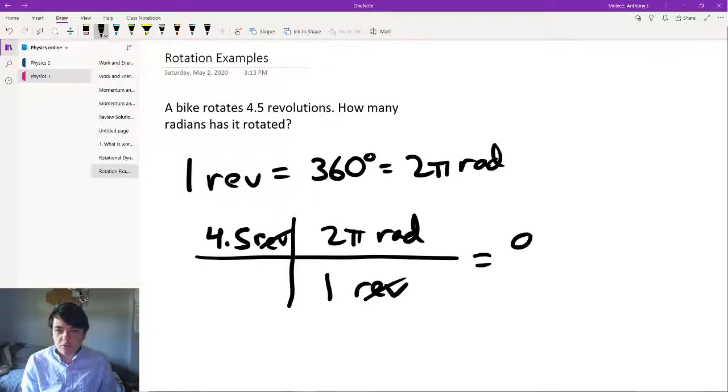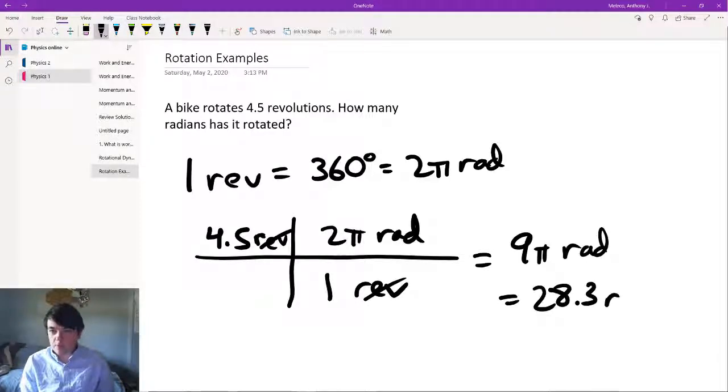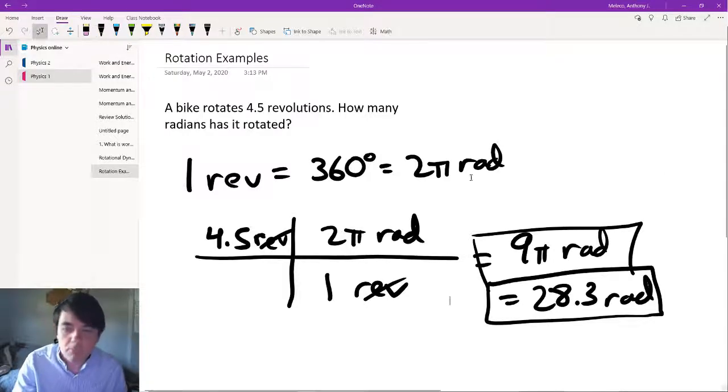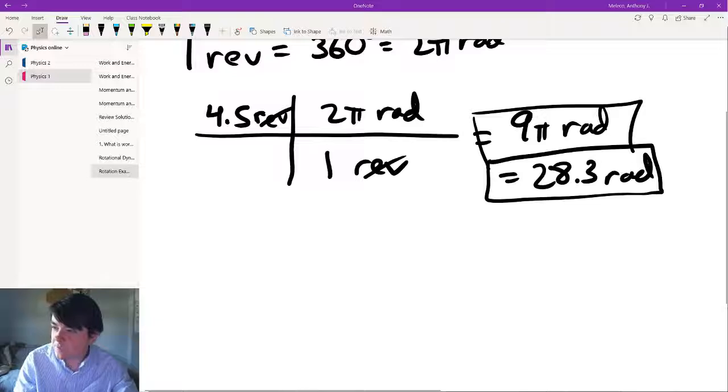So this equals 9 pi radians, but if you do want a number, you can get that by multiplying by 3.14. The number would be 28.3 radians. Either of these is an acceptable answer, and on an exam I would maybe include both. They're both correct.